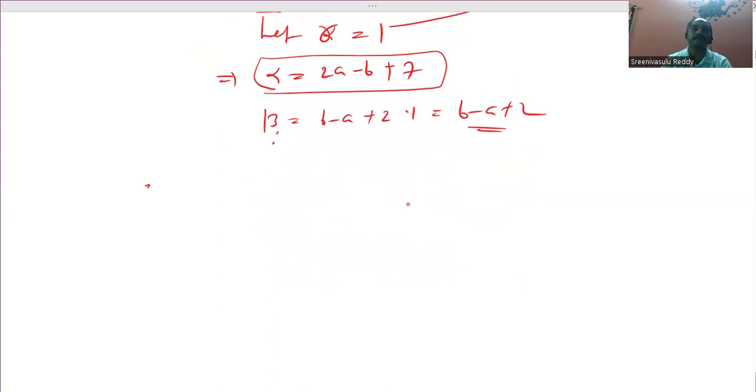Therefore, every vector (A, B, C) is a linear combination: alpha times the first vector (1, 1, 2), where alpha is this value. Verify whether it is right or wrong.